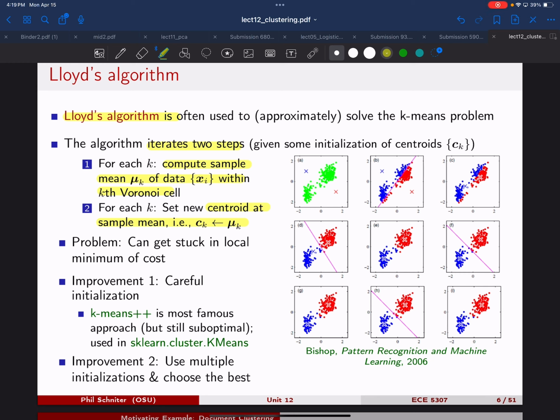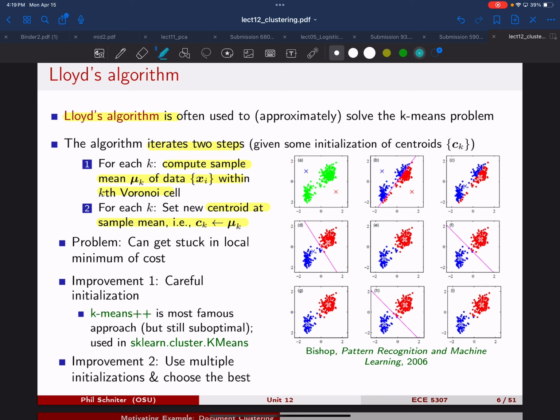All right, like I said before, this cost function that it's trying to minimize is not something we can analytically solve, and it's not a convex problem, so we can get stuck in a local minimum. That can happen with Lloyd's algorithm. There are basically 2 main improvements that have been made to this.